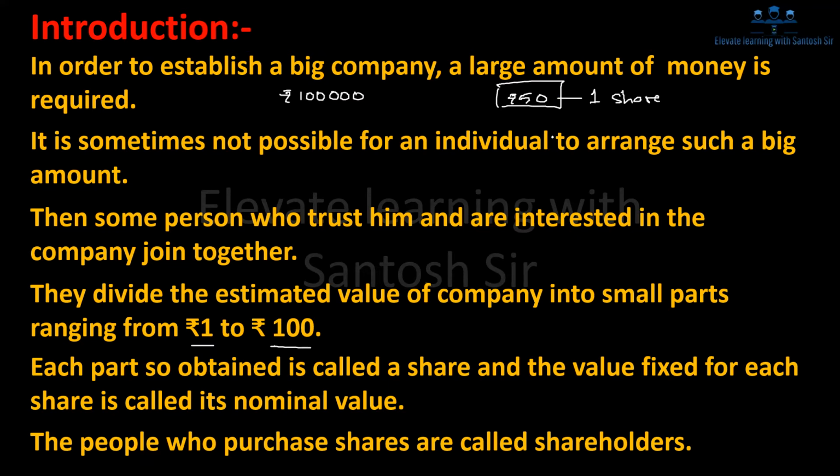A person who has purchased 10 shares in your company will invest 500 rupees. And in total, how many shares will your company have in the beginning? This rupees 1 lakh is divided into 50 rupees, so we can have 2000 shares of your company.